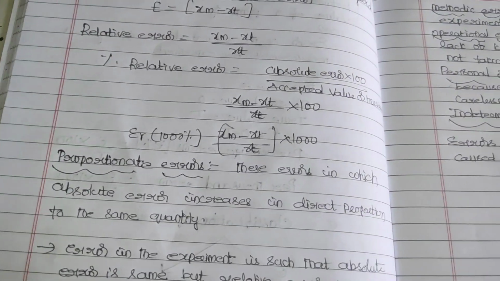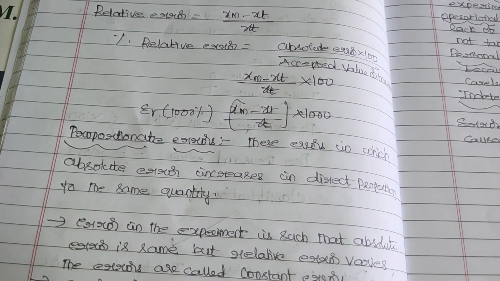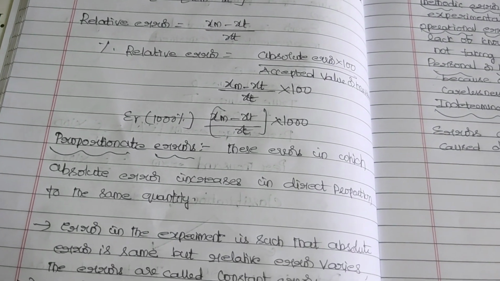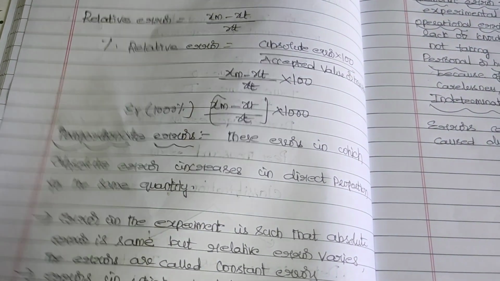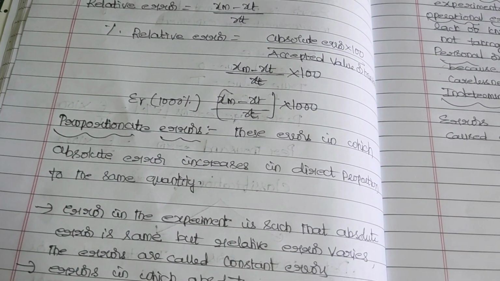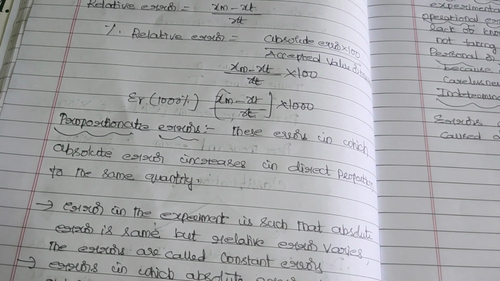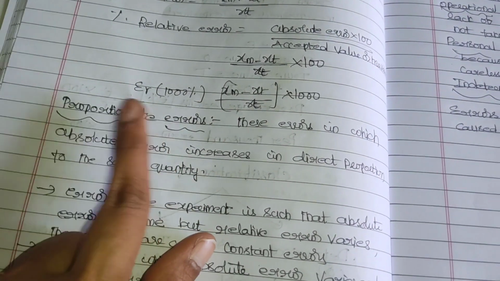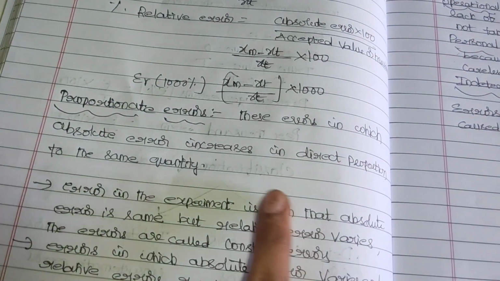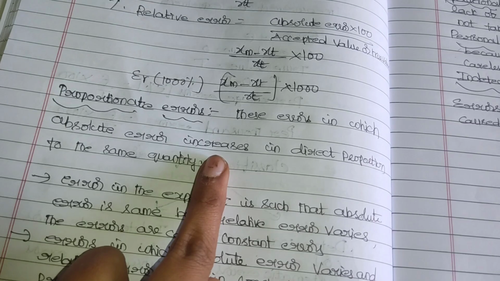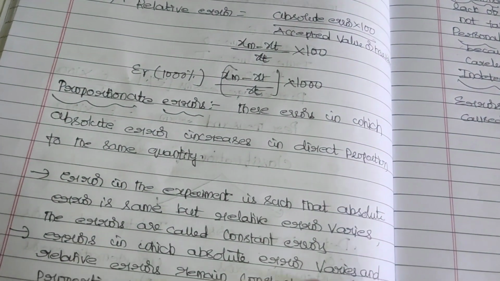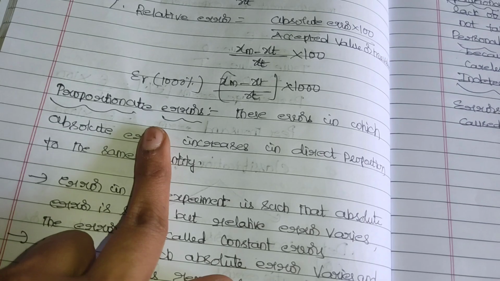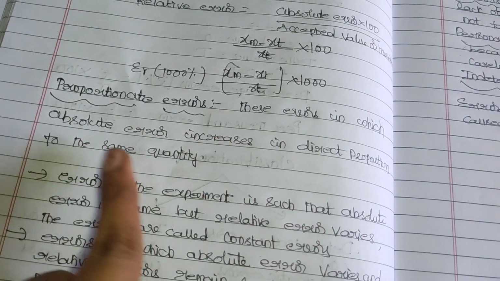Next, in constant errors, whatever the mass or quantity, the absolute error will not depend on it. But in proportionate errors, absolute error is directly proportional to the quantity.